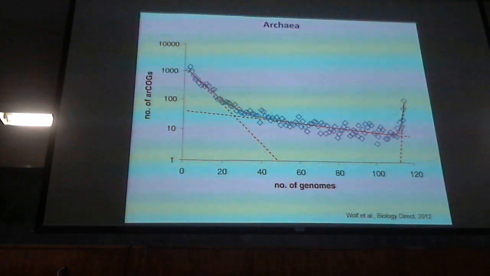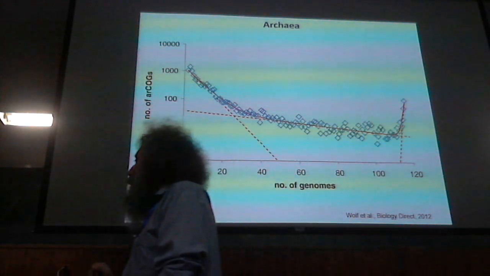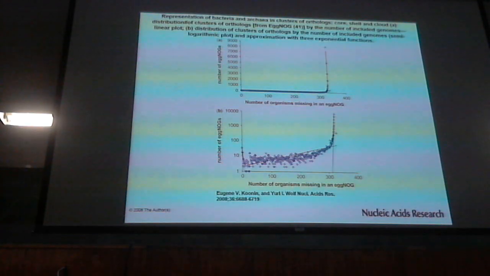It was about 7 years ago, so there were 120 archaeal genomes back then, and it turned out, this is a logarithmic scale, that there are approximately 300 to 400 gene families which form the archaeal core, that are common to all archaeal species.